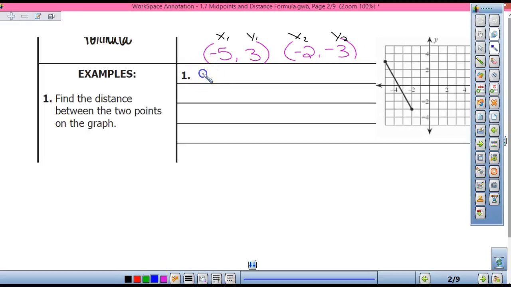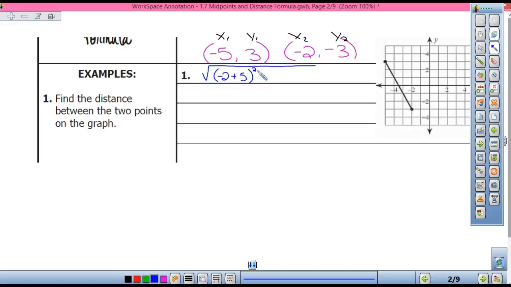Now it's a matter of plugging in. So we've got the square root of, what is x2? Negative 2 minus x1. Negative 5. So that turns into a plus 5 squared.